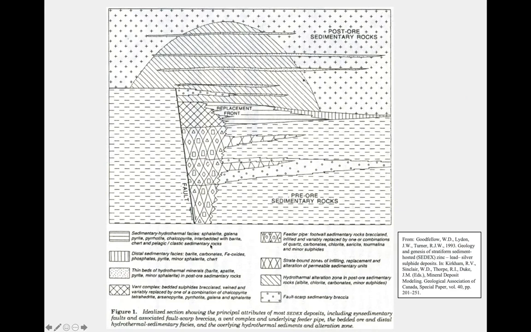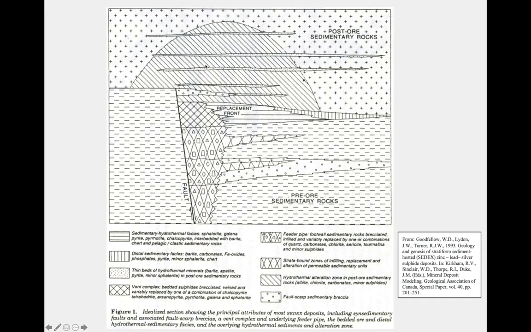Here's just an older idealized cross-section. Here's our vent related to a fault. We might get some brecciation in places. We have our primary ore bodies and we get aspects of brecciation, potentially with some stratabound zones of alteration.